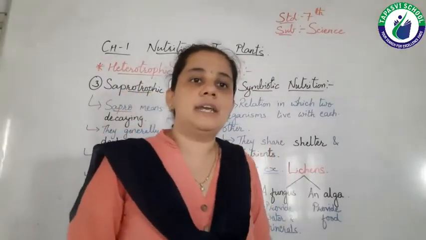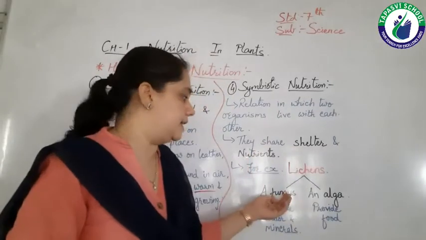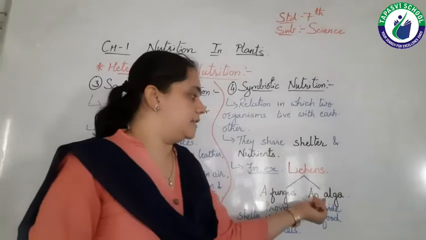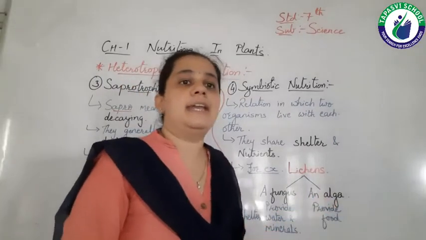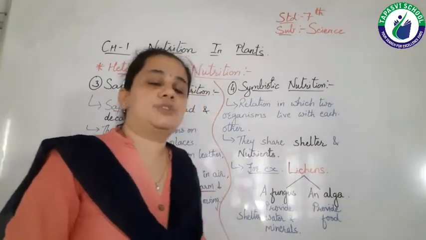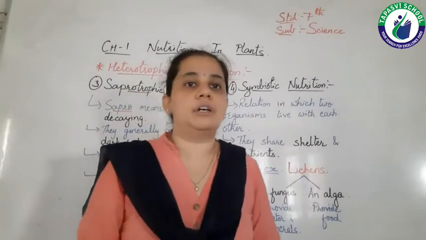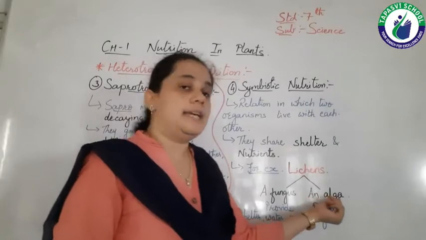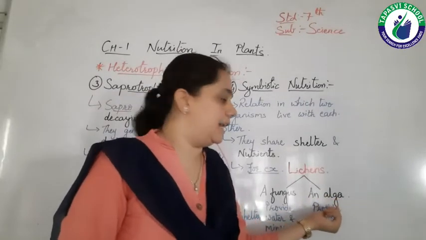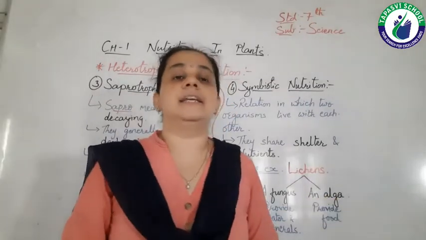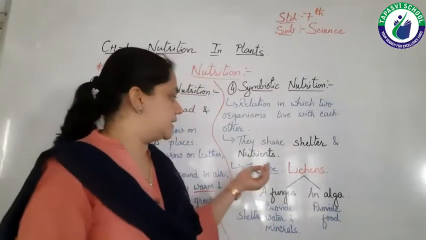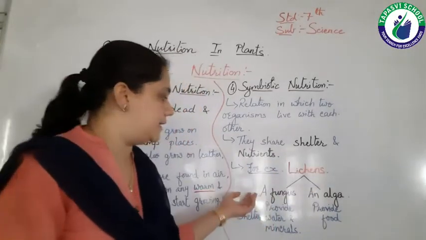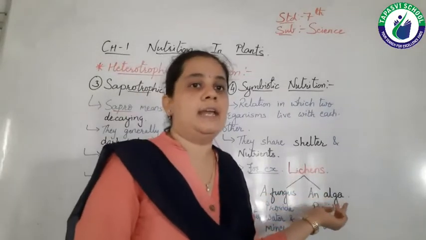And another is an alga. You might have heard about algae, right? Algae is plural while alga is singular. So lichen is the association between two organisms, a fungus and an alga.